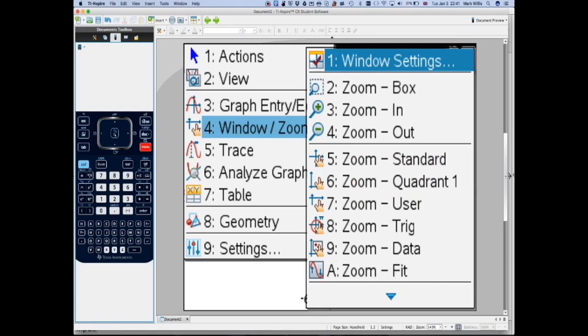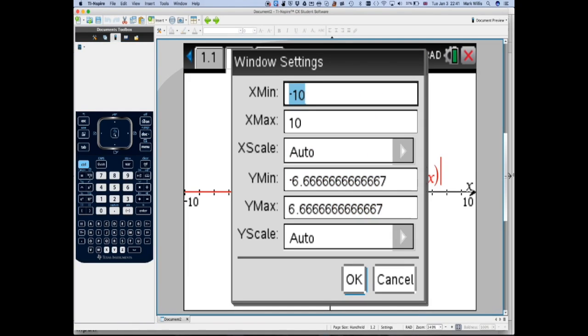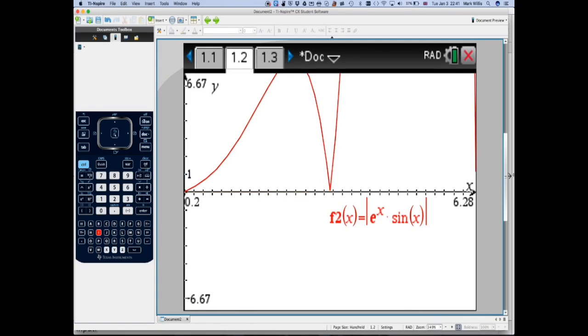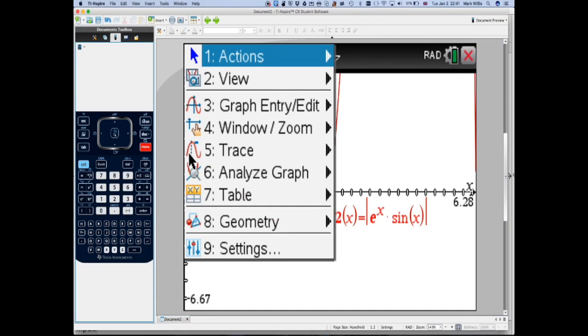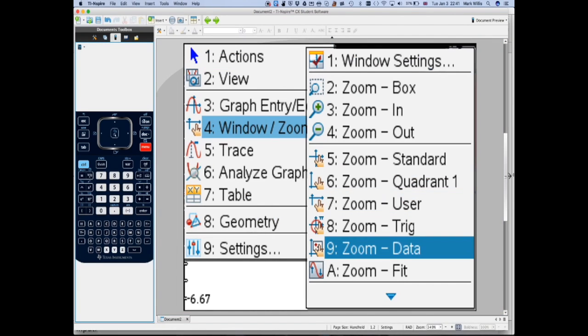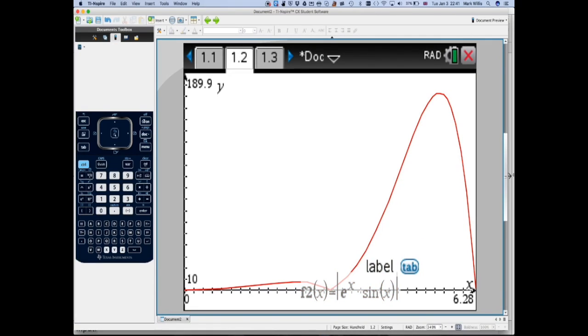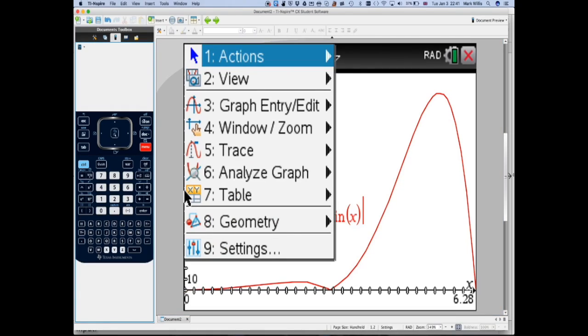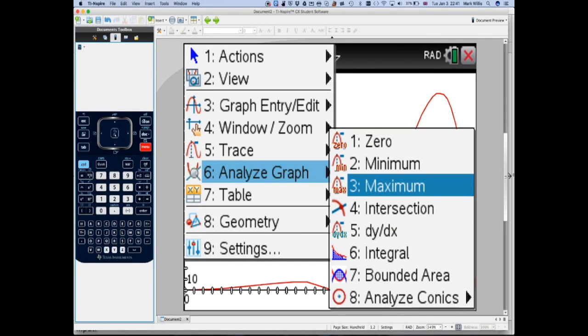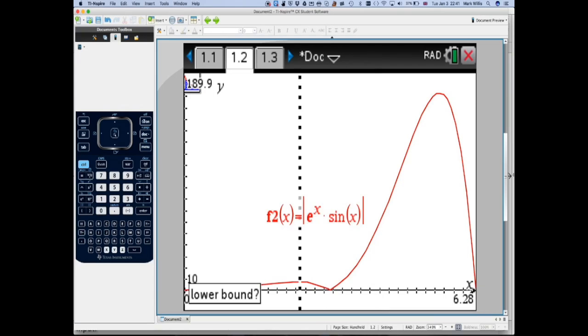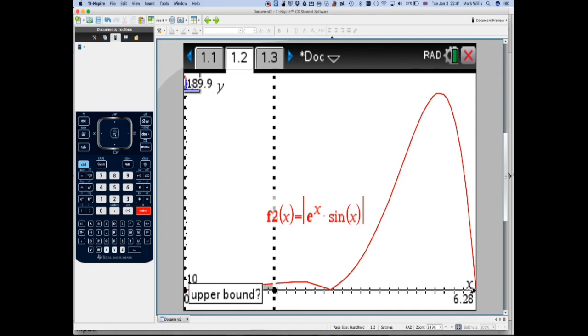Change the view window again. Menu, window zoom, window settings, 0 to 2 pi. Just write pi. Okay, and then again, window zoom, fit. Just move the label out of the way. And to do the integral, menu, analyze the graph, integral, type in 0 for the lower bound, and then 2 pi for the upper bound.